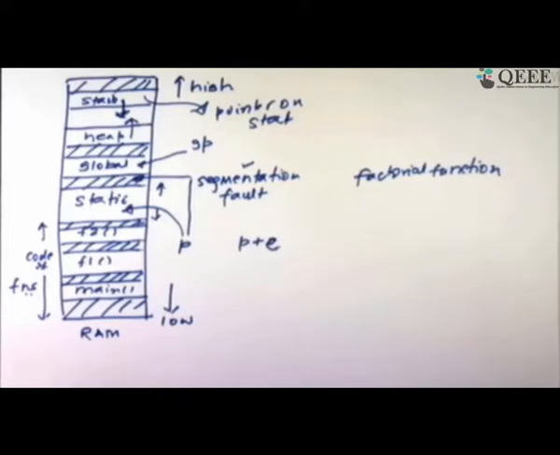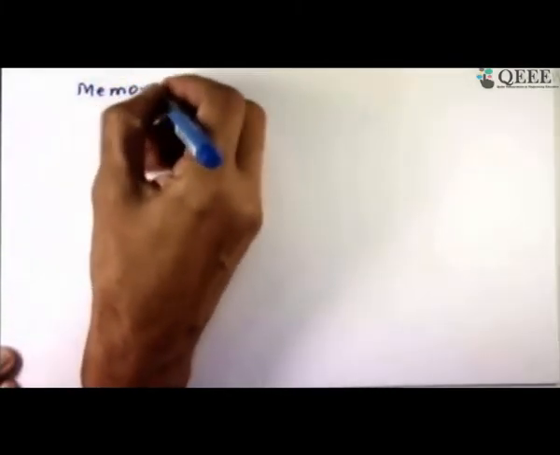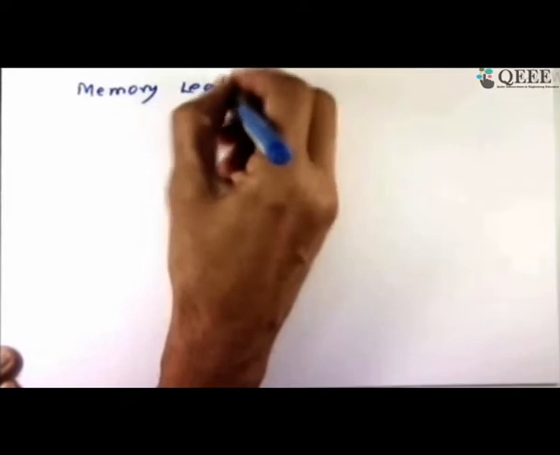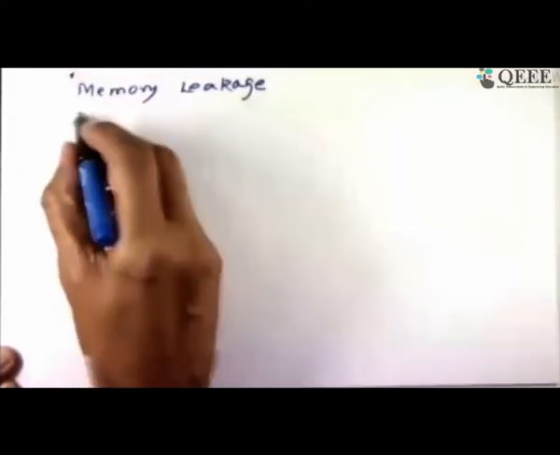What is memory leakage? I don't really understand what the question is. Do you mean leakage, spelled L-E-A-K-A-G-E? Maybe there is some spelling problem there. If it is leakage, this makes sense. What is memory leakage? I have not reached there yet.